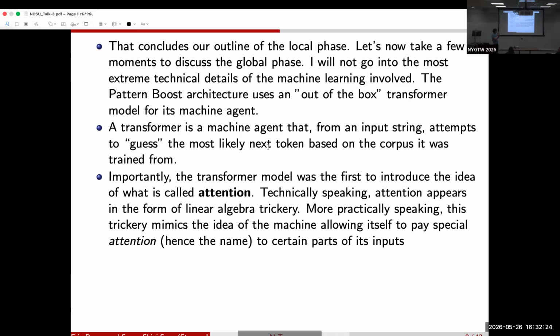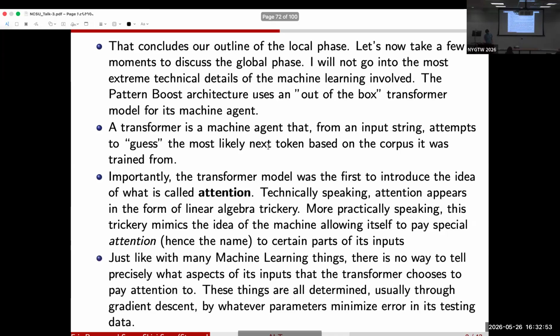You have to know the context, and more than just the context, you have to know that certain words leading up to the word that I just typed were more important in the English language than other words. So this is the idea of attention, which is that it trains itself to know what parts of what's been written are the more critical parts to what the ultimate thing being conveyed is.